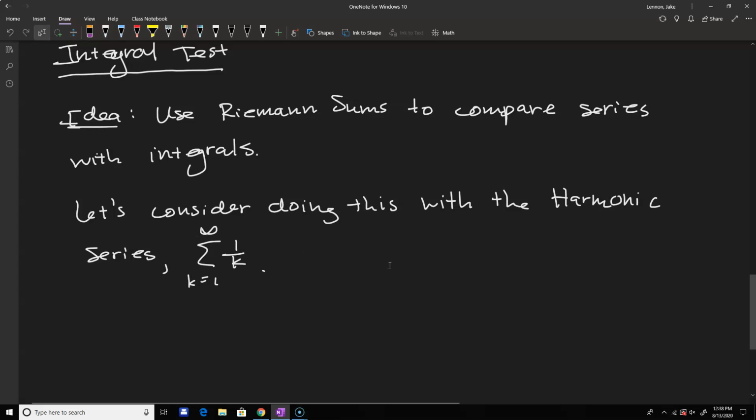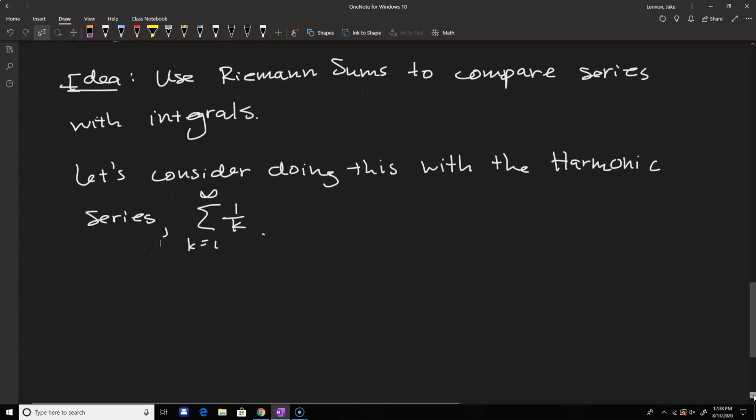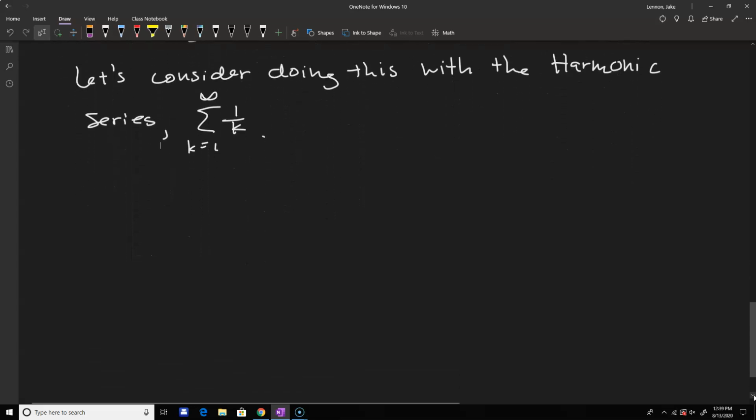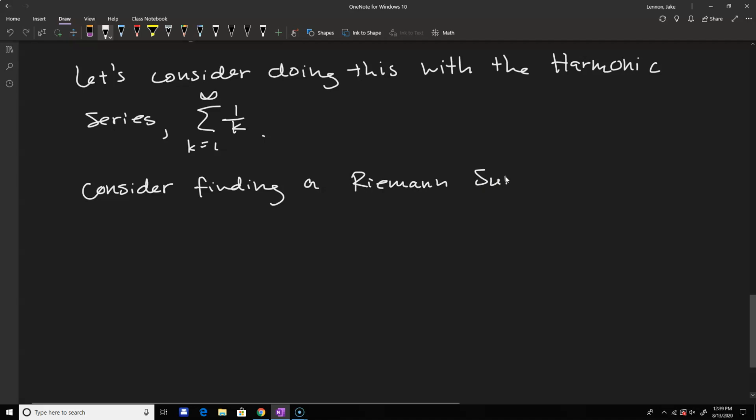So how do we do that? Well, what we want to do is think about comparing this thing to a function. So consider finding a Riemann sum for y equals 1 over x.